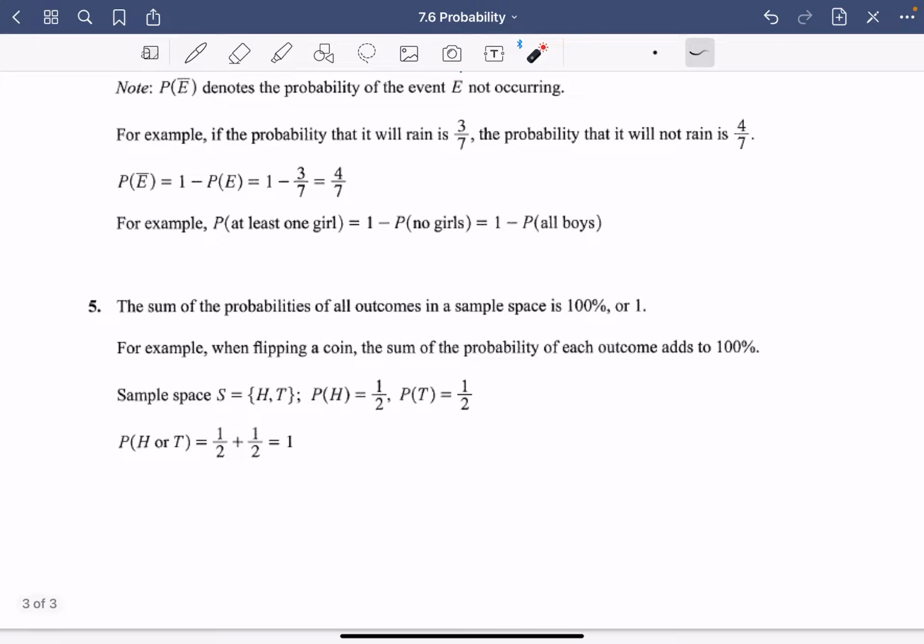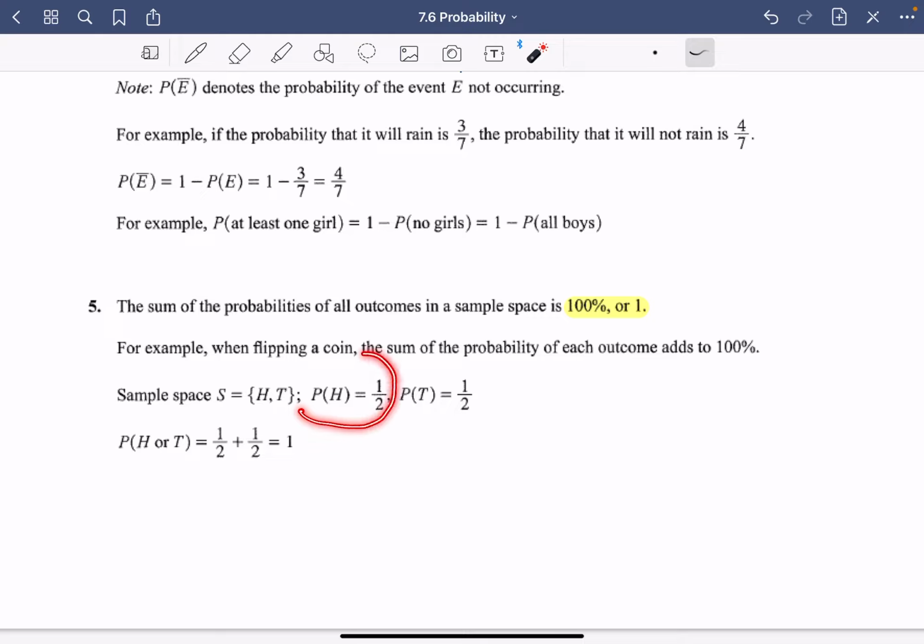Okay, last one. The sum of the probabilities of all outcomes in a sample space is always going to be 100%, or 1. And there's a simple example. The sample space of flipping a coin is either a head or a tail.